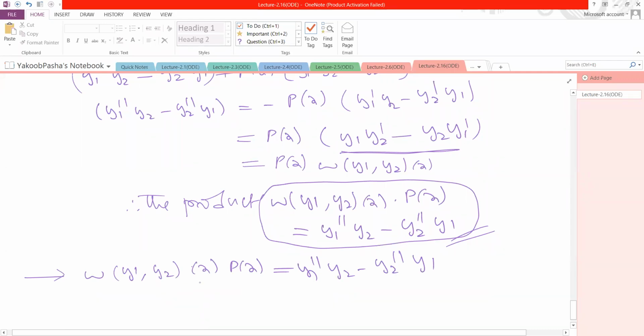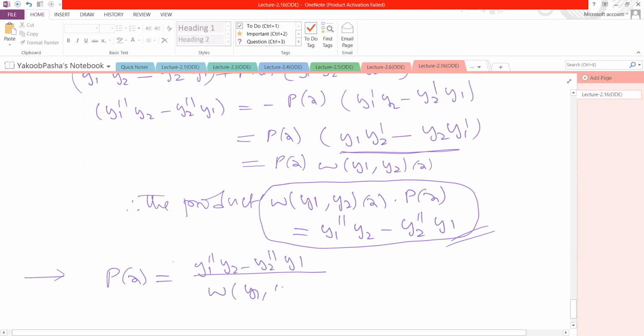Or we can write directly, P of x is equal to the numerator, y1 double dash y2 minus y2 double dash y1, divided by Wronskian of y1 y2 of x, or simply Wronskian of y1 y2.